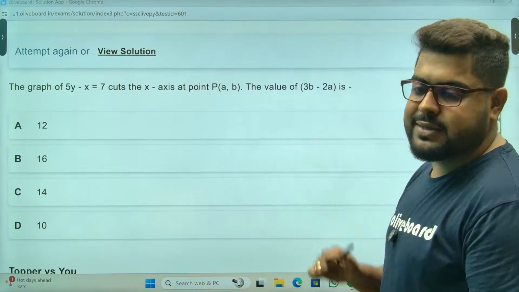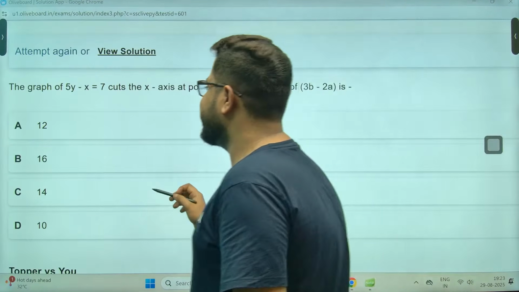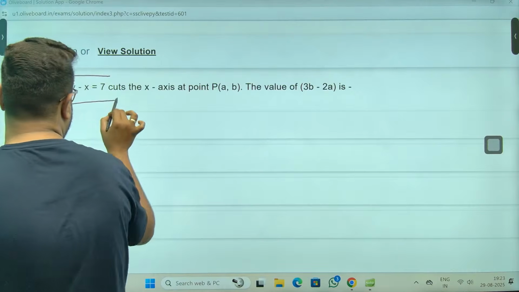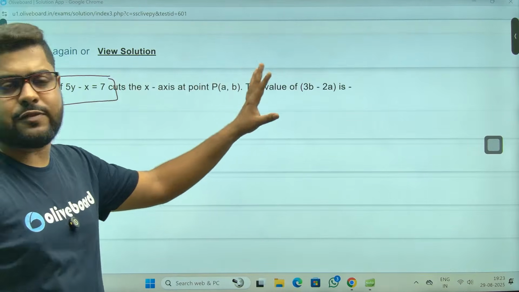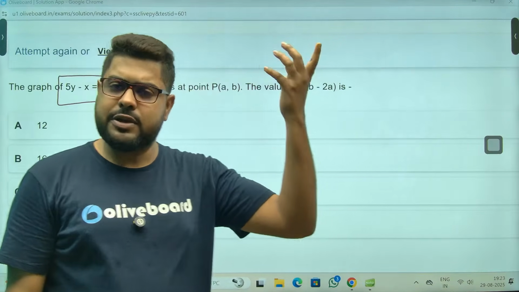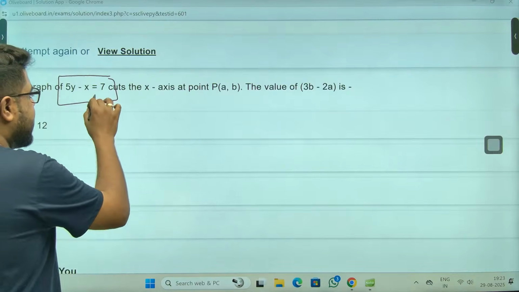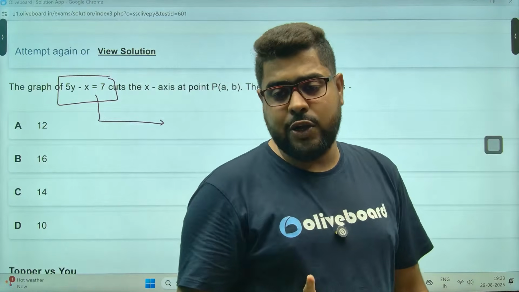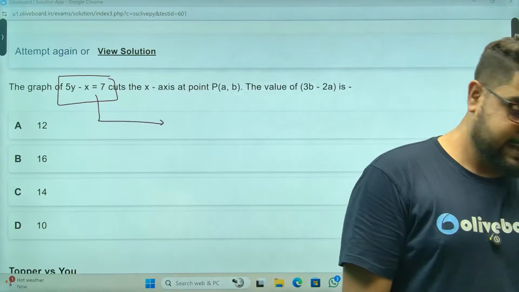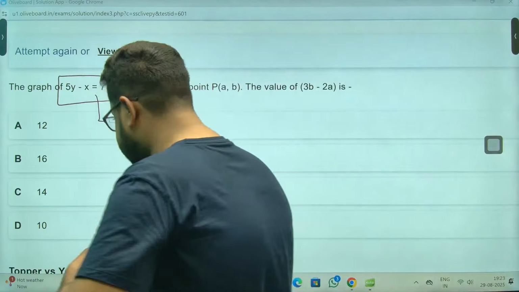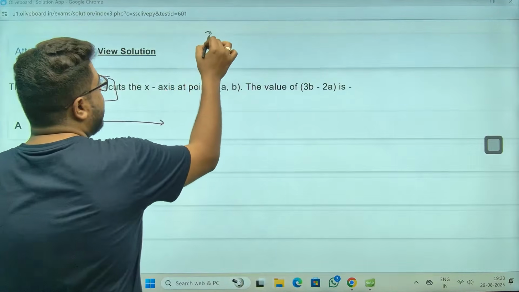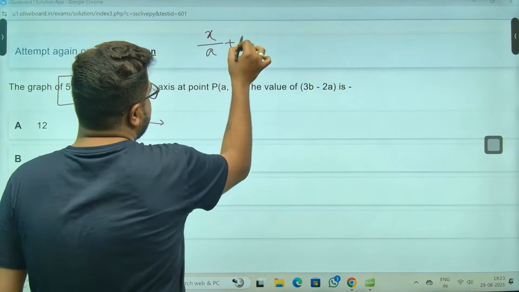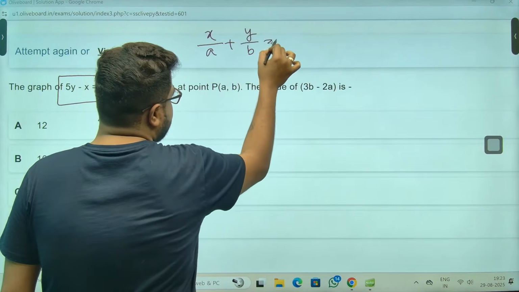Now the graph of this. The best option is to go by intercept form. But if you are not comfortable with intercept form, you put x equal to 0, y equal to 0, and everything works. But I have taught everyone to use the intercept form because I've told you it is very, very, very important. Intercept form says x by a plus y by b is equal to 1.